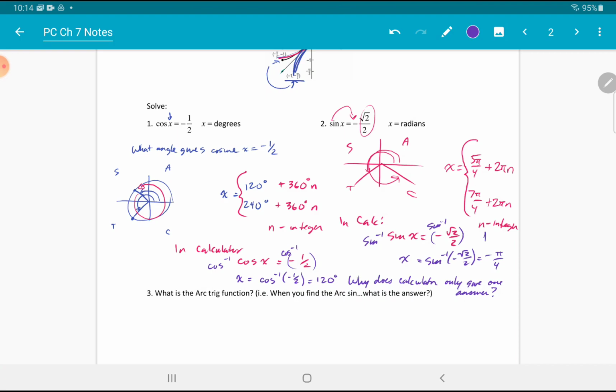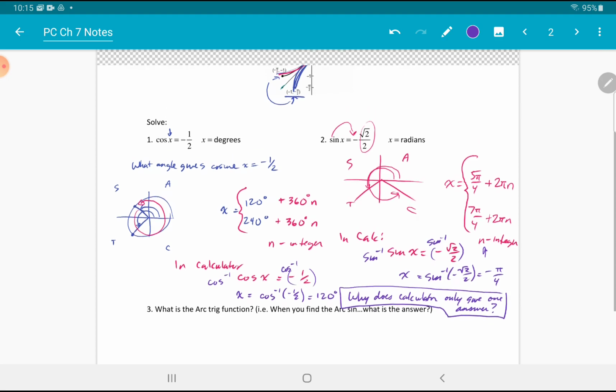But that wasn't even one of our answers that we saw up above, 5 pi over 4 and 7 pi over 4. So again, why don't we get those two answers? And why, in this case, is it not even the same answer? Instead, we got a negative pi over 4.